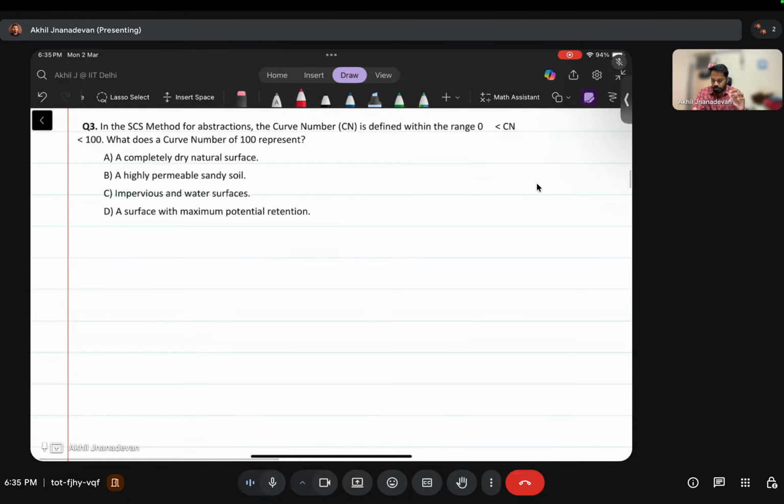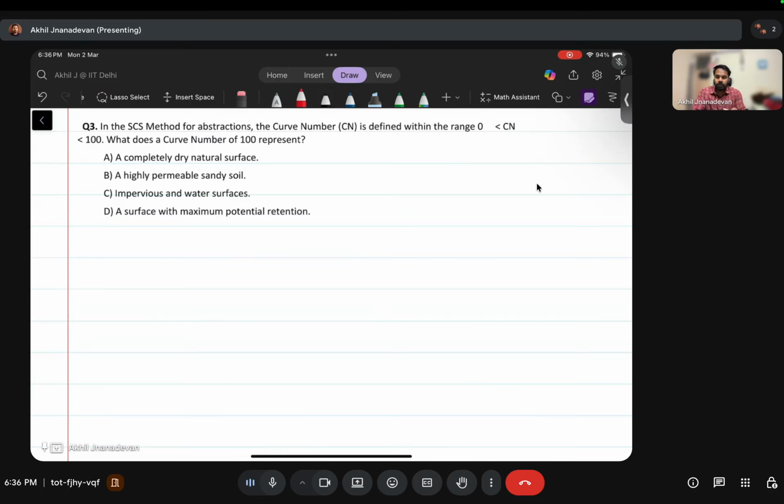Now we can move to the third question, related to how we quantify runoff. We saw in the previous lectures how we quantify precipitation, evapotranspiration, and infiltration. Similarly, there are techniques used to quantify runoff or surface water flow. One such method is called the SCS method, or SCS curve number method.